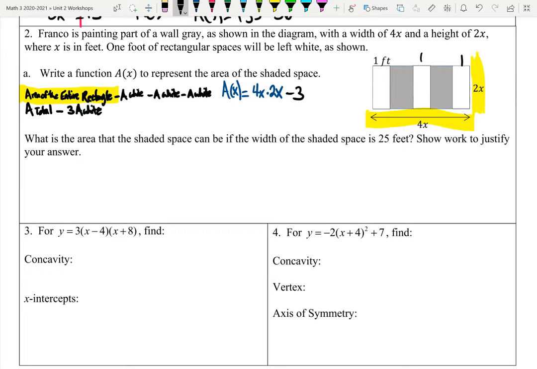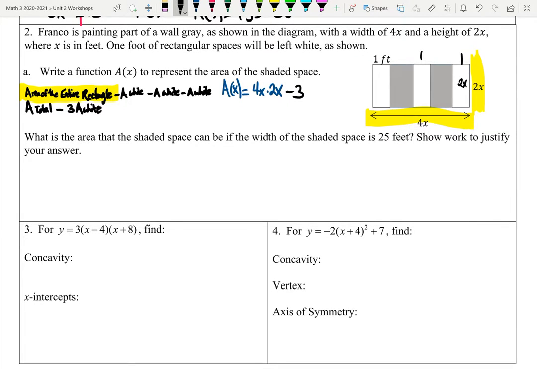Well, the area of each of these is going to be length times width. 1 times 2x is 2x. 1 times 2x. And then this is also 2x because opposite sides of rectangles are congruent. So the area of my rectangle can be represented by 1 times 2x. I clean this up. Now I'm going to combine like terms, revealing 8x squared minus 6x.